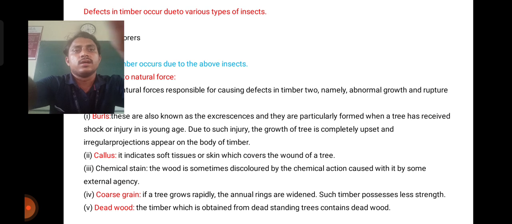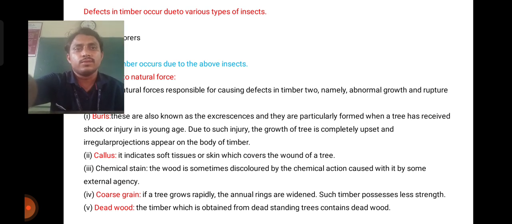Whenever there is excessive load on the timber structures, cracks start in the timber. The forces responsible for causing defects in the timber result in abnormal growth or rupture. The cracks may be in a dormant stage or in an active stage. If excess loading acts on the timber structure, it will start a crack.